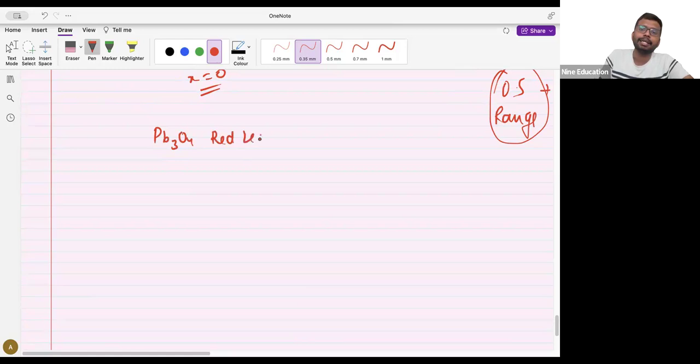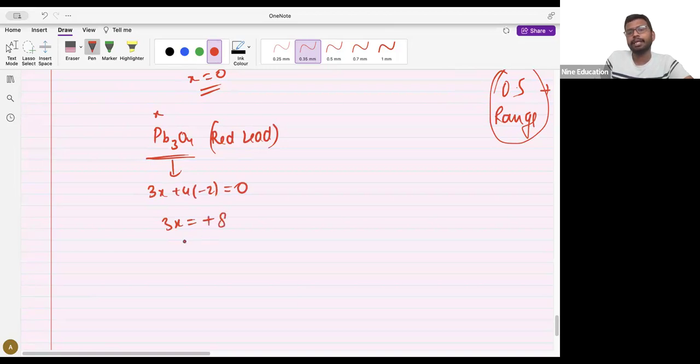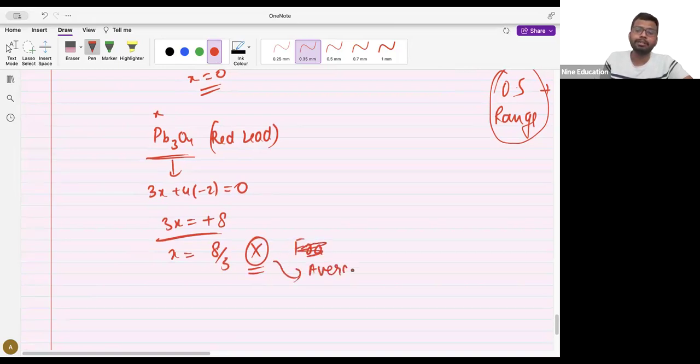Let's say I take lead to be X. So 3x plus 4 into -2 will give you 0. 3x will give me +8. So x will be 8/3. But this is not the answer. This is the average oxidation state. 3x means there are 3 lead atoms.